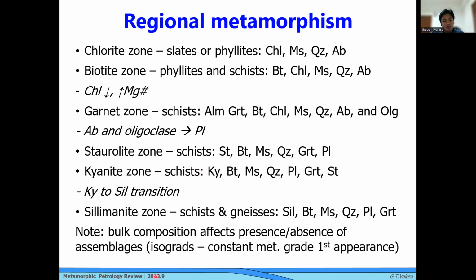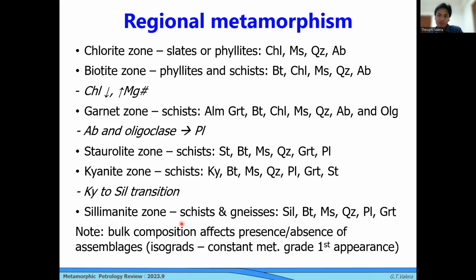It all depends on the bulk composition which affects yung presence or absence nitong assemblages na to and the timing when in the PT space these transitions will begin. So that's always important. When we talk of transitions, it's always about the pressure, the temperature, and the bulk composition of the protolith.